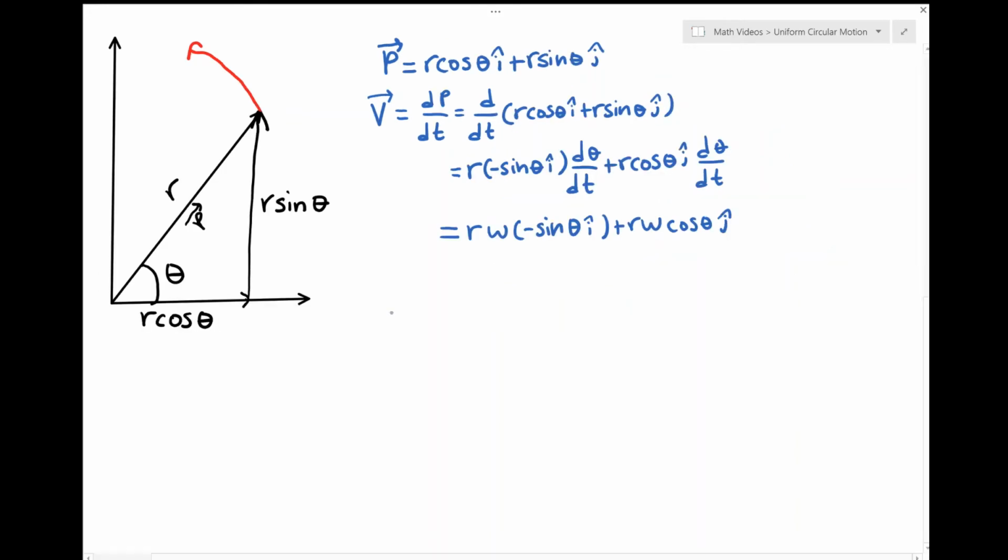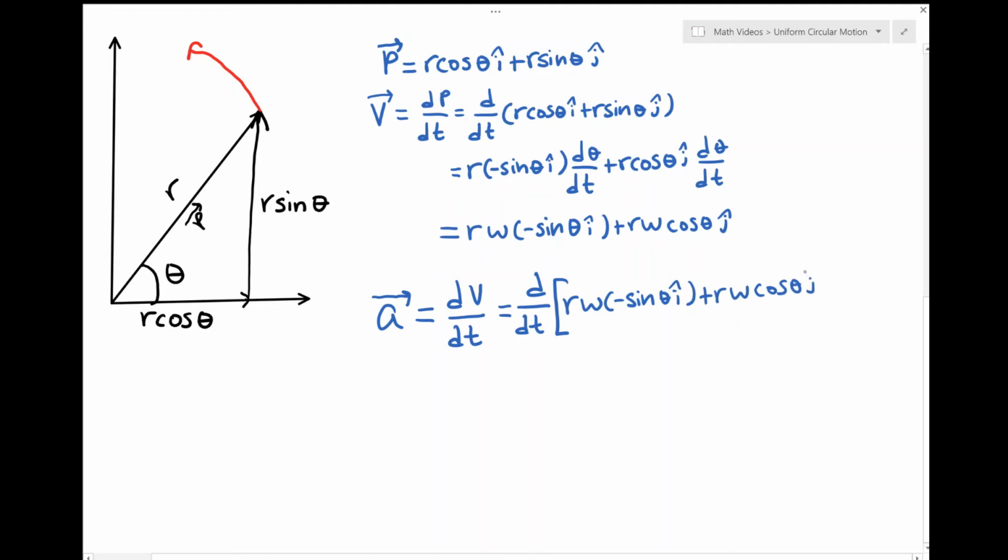So now we can find our acceleration in the same way. We know that acceleration is the derivative of velocity, dv by dt, and this equals d over dt of R omega negative sine theta i hat plus R omega cosine theta j hat.